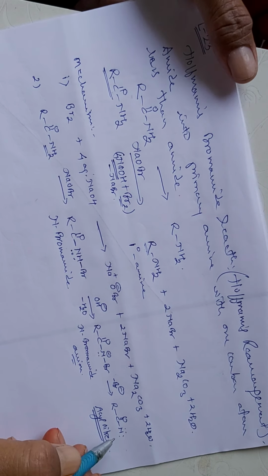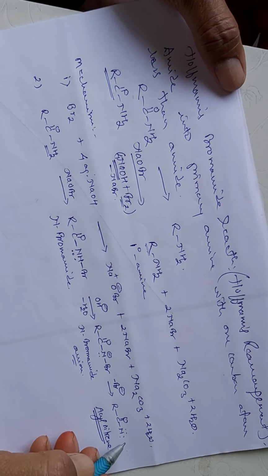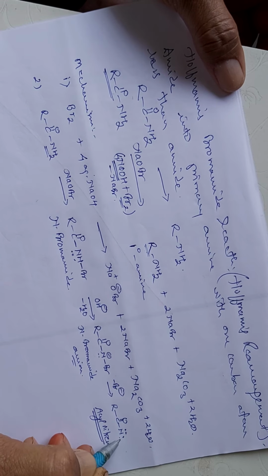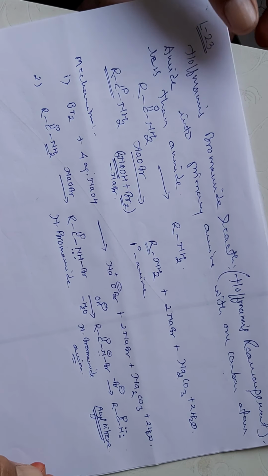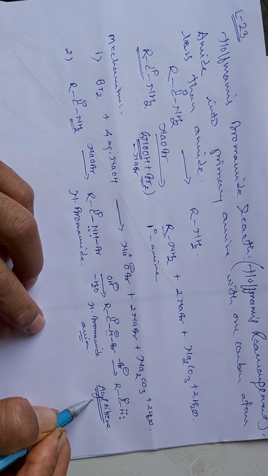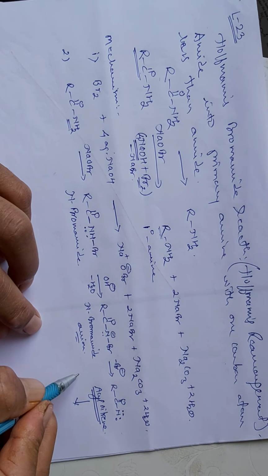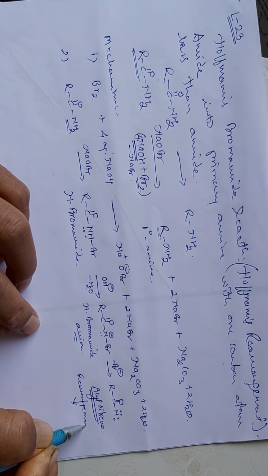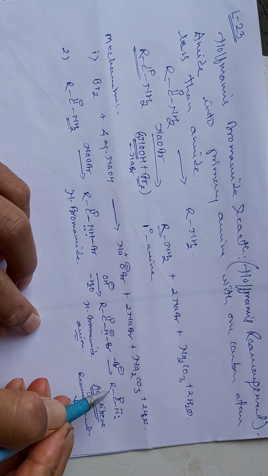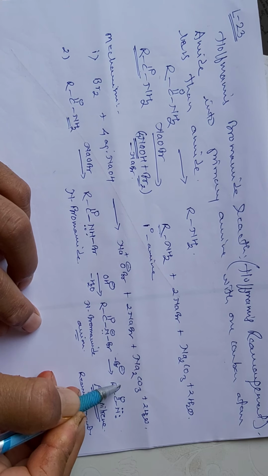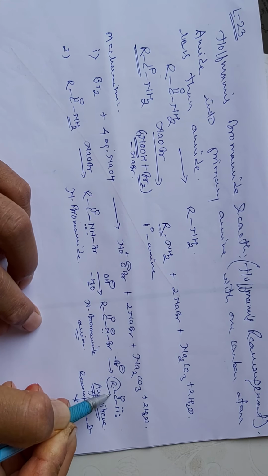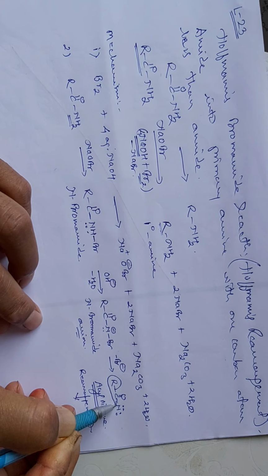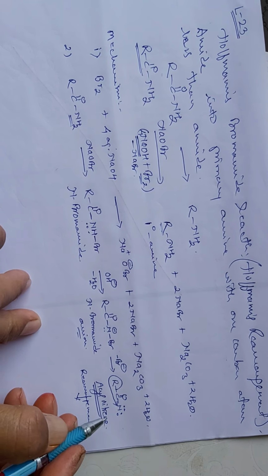Once you get the acyl nitrene, this molecule undergoes rearrangement, where the alkyl group migrates from the carbon to the electron deficient nitrogen atom.